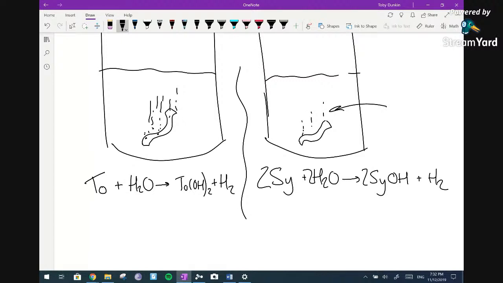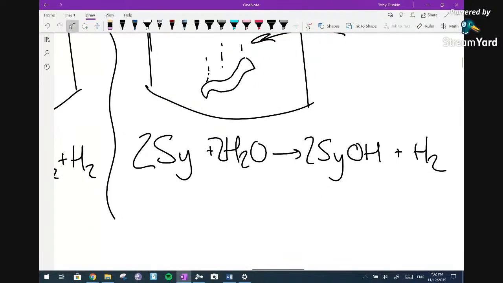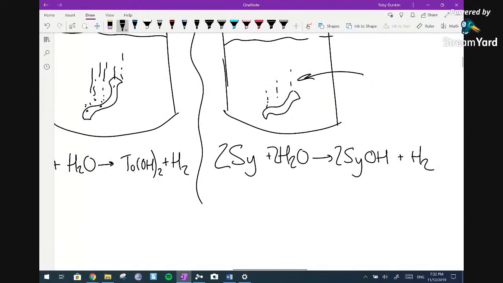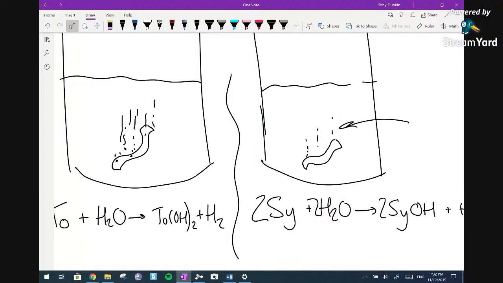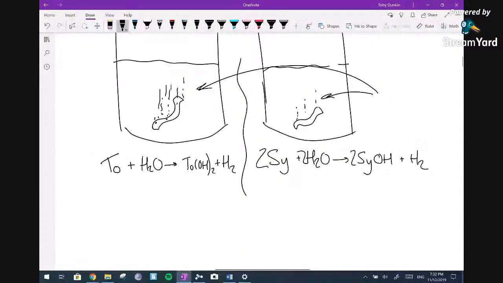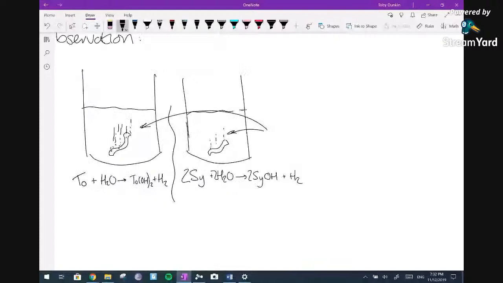I hope you all realize either way that cyan also forms a +1 ion, whereas I'm forming a +2 ion. It's nice to see that as well. But it's the comparisons of the bubbles that allows us to compare its reactivity. So we can now say observations is bubble comparison.